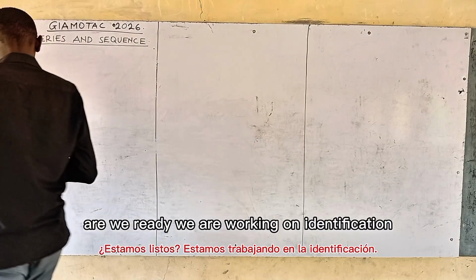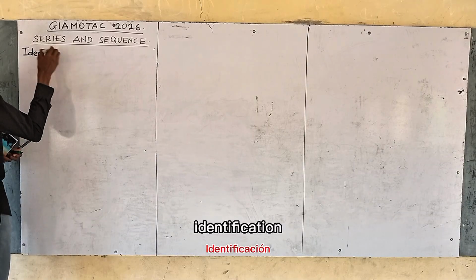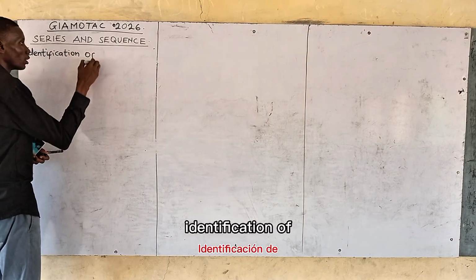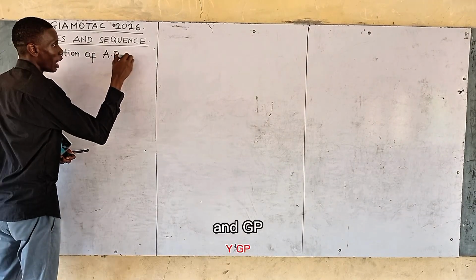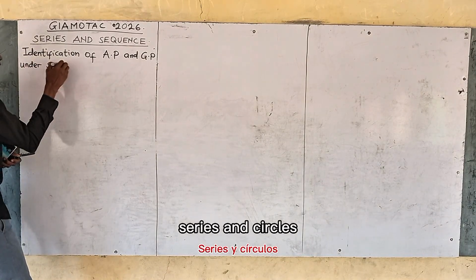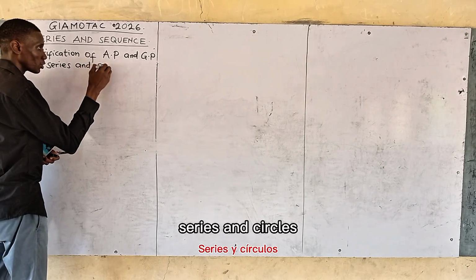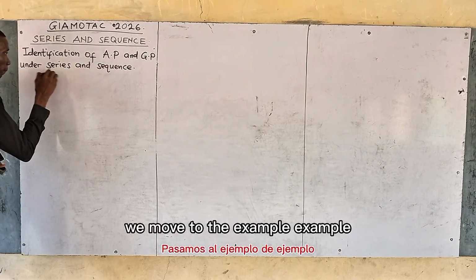Alright, are we ready? We are working on identification of AP and GP under series and sequence. We move to the example.